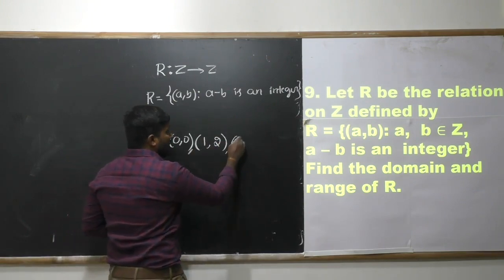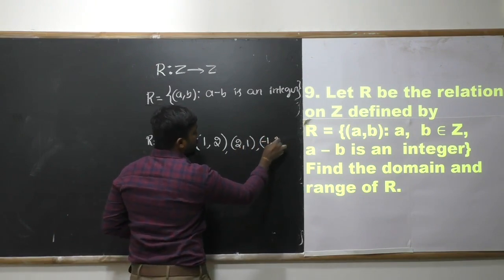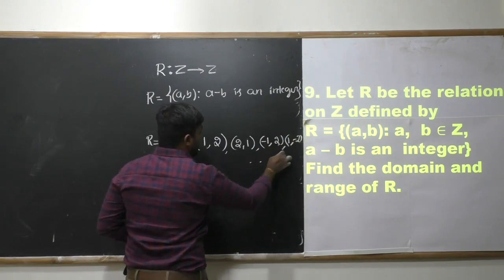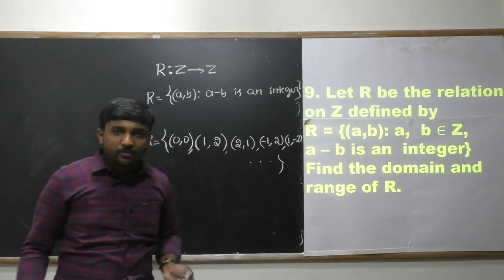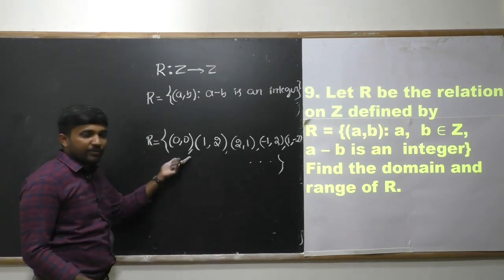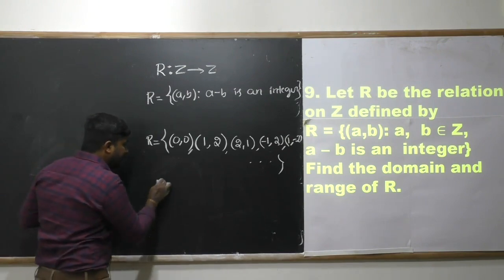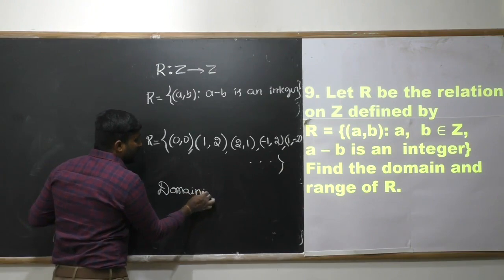Similarly, 2, 1 belongs to R. Next, minus 1, 2. Next, 1, minus 2, etc. See, the difference between any two integers is an integer only. So this is the roster form, but we don't want the roster form of this relation R. Question is to find the domain and range. What is domain, dear students?